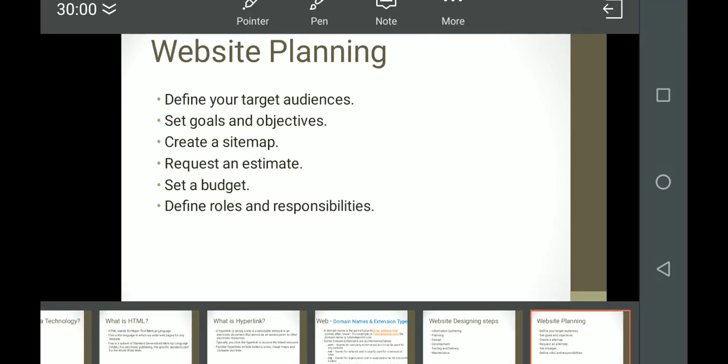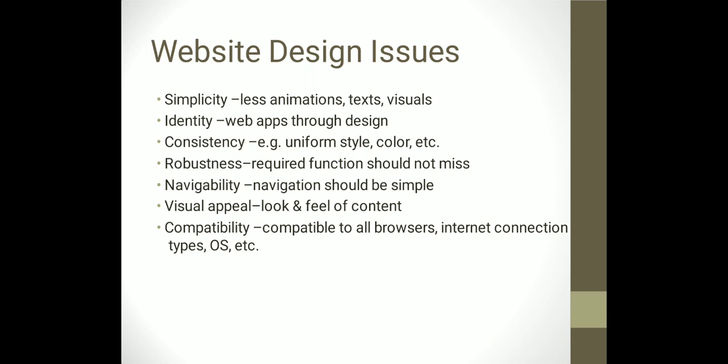Next, the next thing that can be considered for website design is design issues. We have seen what the steps for planning any website can be, but they don't always work out simply as they are stated. There are a few design issues that should be considered.